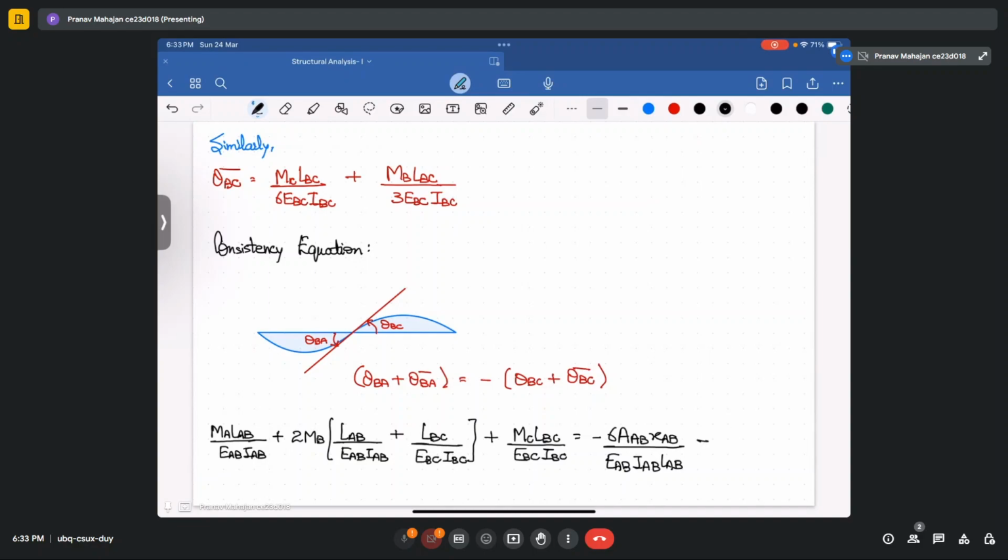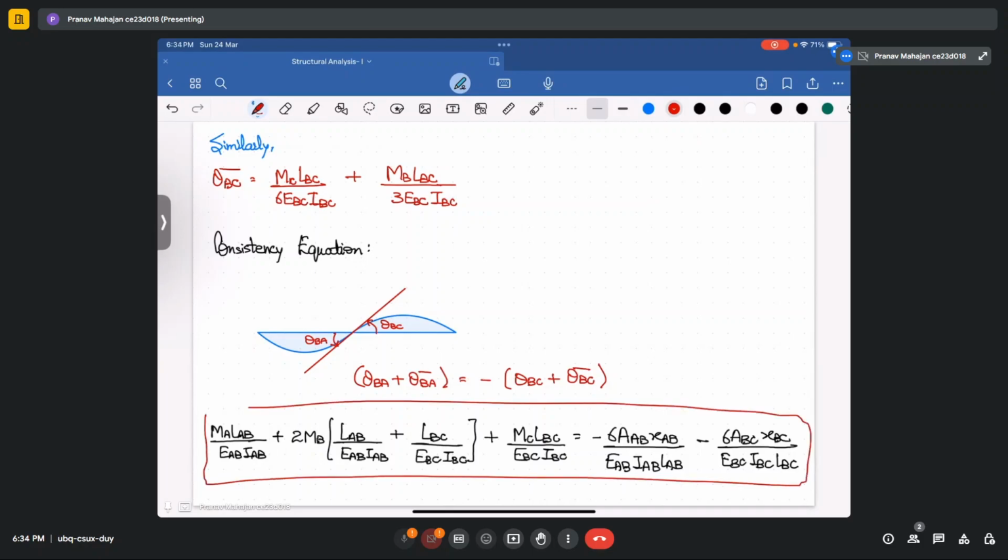Similarly, for span BC, it will be 6 ABC HBC divided by EBC IBC LBC. So this is your complete three moment equation.